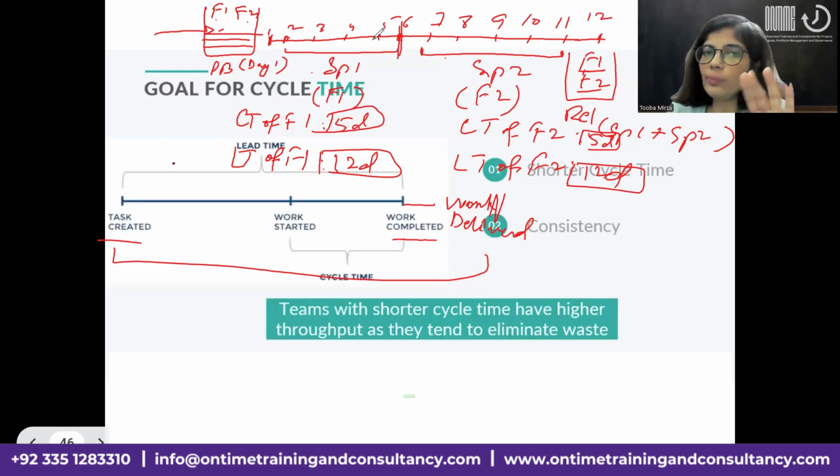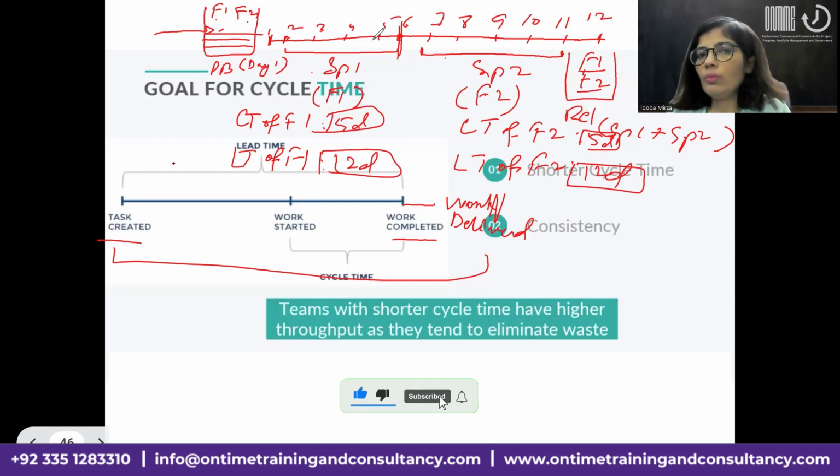And if I keep the delivery time of F2 still at 12, then what would have been the lead time of F2? F2 was assigned on day 1, but delivered on day 12. In that case, it would be 12 days.